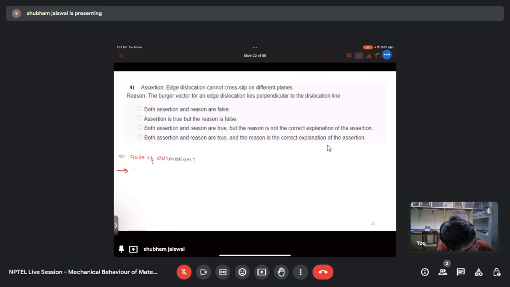So for edge dislocation, it is uniquely defined by the line vector and Burgers vector. But in case of screw dislocation, the slip plane is not well defined. As the Burgers vector and line vector are parallel, it is not unique.